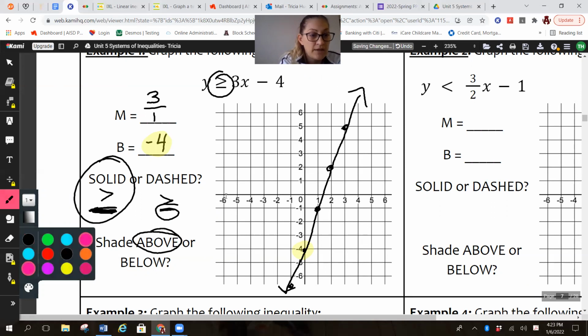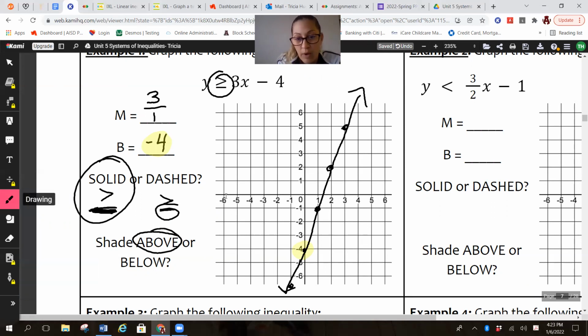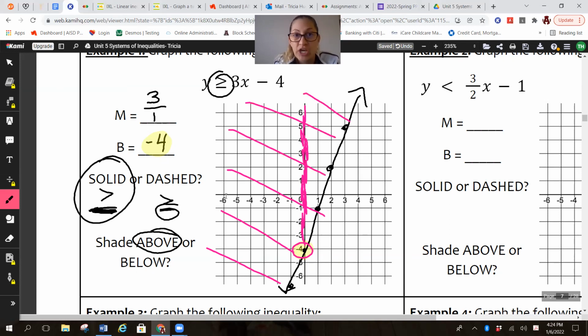So when you shade, go to the y-intercept, which is right there. Shade above it, which is right here. That's shading above the y-intercept. And then which side of the line is that on? It's on this side. So this is the side that gets shaded. Desmos will not graph and shade inequalities.